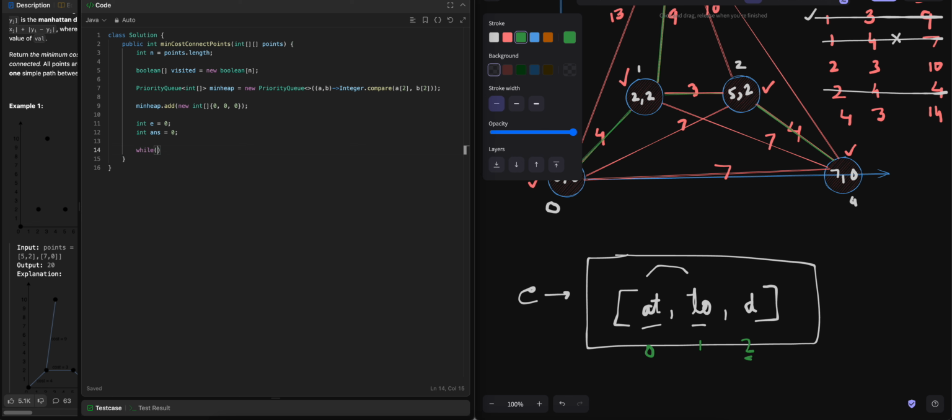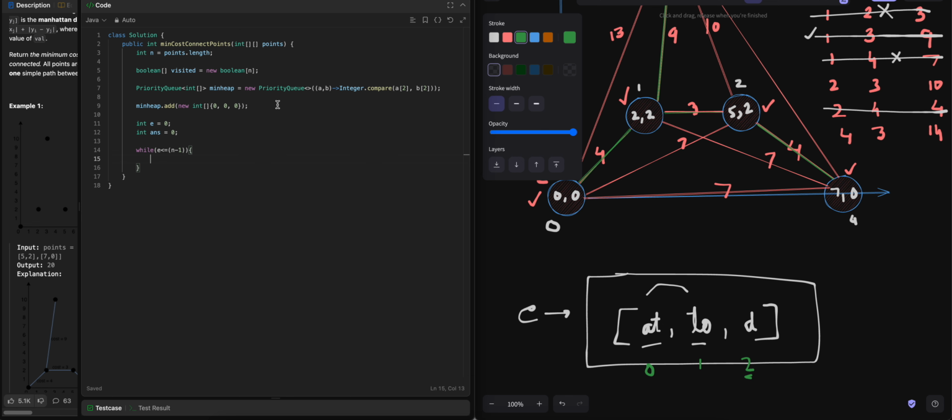Now we have to run the loop while e is less than or equal to n minus 1. This we discussed. The first thing that we have to do inside the loop is find out at which vertex we are right now. In our case, from the zeroth vertex we are going to start the processing.